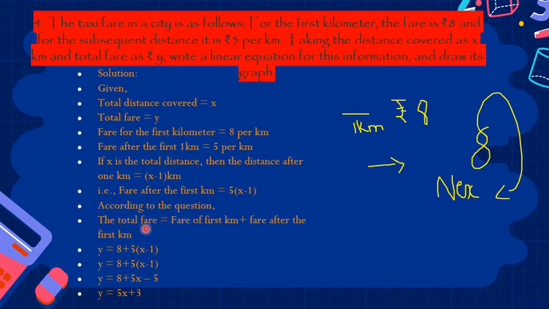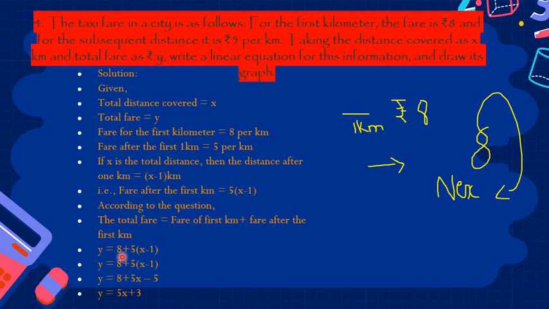According to the question, the total fare is equal to the fare of the first kilometer plus the fare after the first kilometer. Y is the total fare amount, so y is equal to 8 plus 5 into (x minus 1). 8 is the charge for the first 1 kilometer. Understand, friends, what I am saying. You should understand clearly.